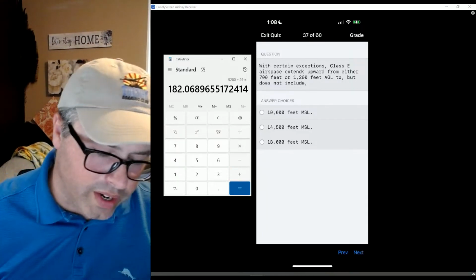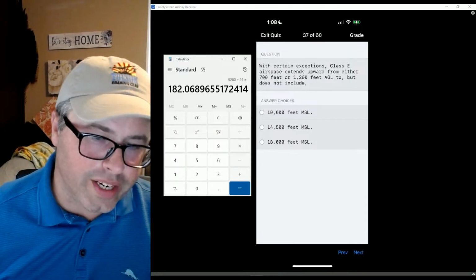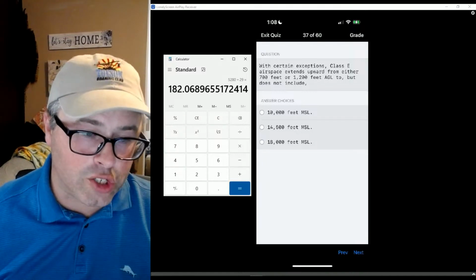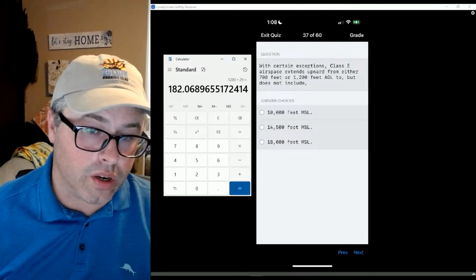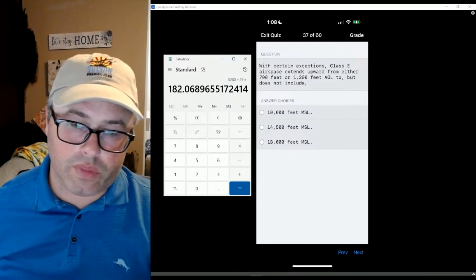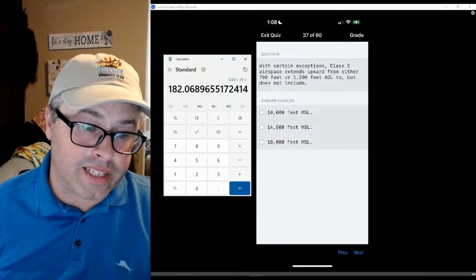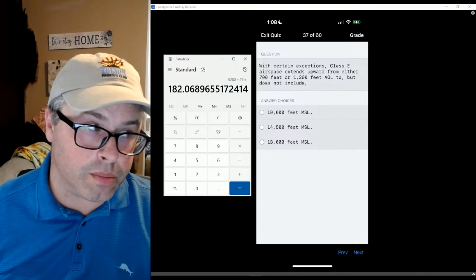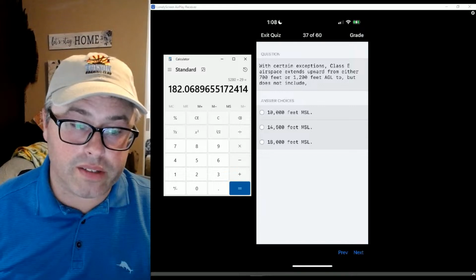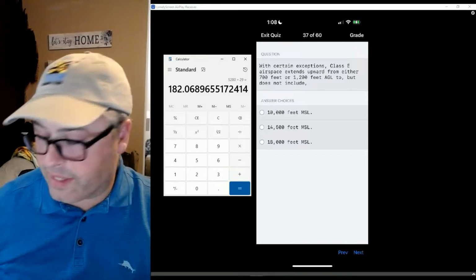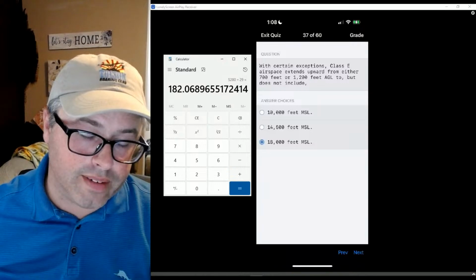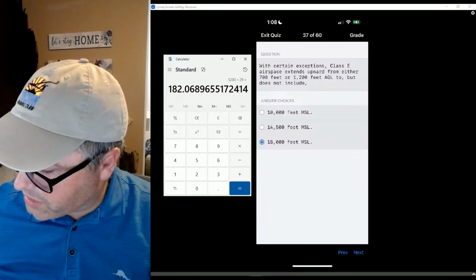They're trying to trick you with a couple of different things here, but it's going from Class E airspace upward, so it's asking what's above Class E airspace. The thing above Class E airspace is Class Alpha airspace. Class A airspace starts at 18,000 feet. That's what that question is actually asking you.